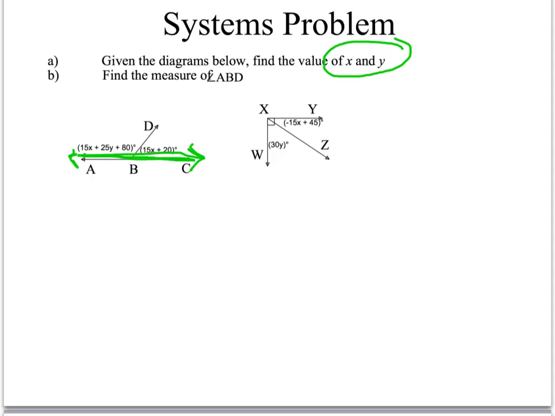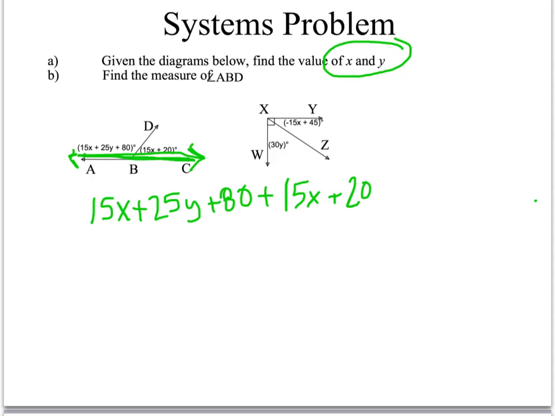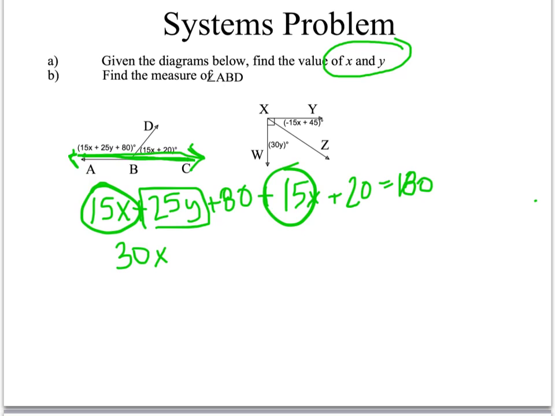180 degrees. Therefore, we're going to take 15x plus 25y plus 80 plus 15x plus 20 and set that equal to 180. Combine like terms. 15x and 15x gives us 30x. 25y has no like term, so we're going to say plus 25y.